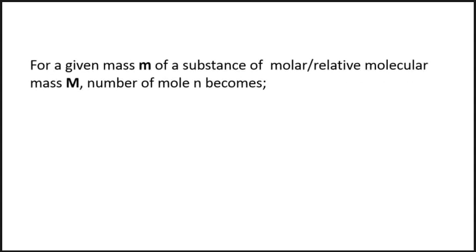For a given mass m of a substance of molar or relative molecular mass capital M, the number of mole, small letter n, becomes this: n equals m over M. Each of these entities represents what they've been representing, where n is the number of mole, small letter m is the mass of the substance, and capital letter M is the relative molecular mass of that same substance.